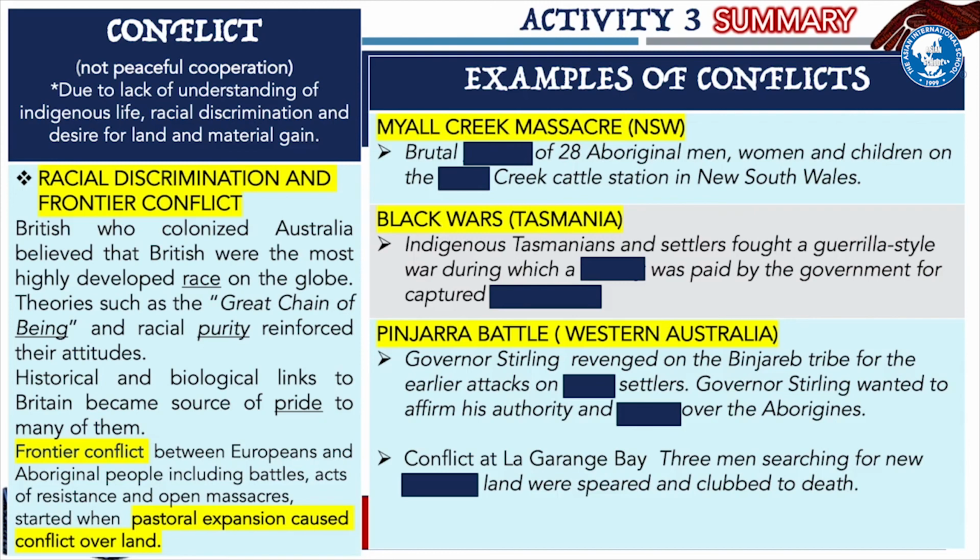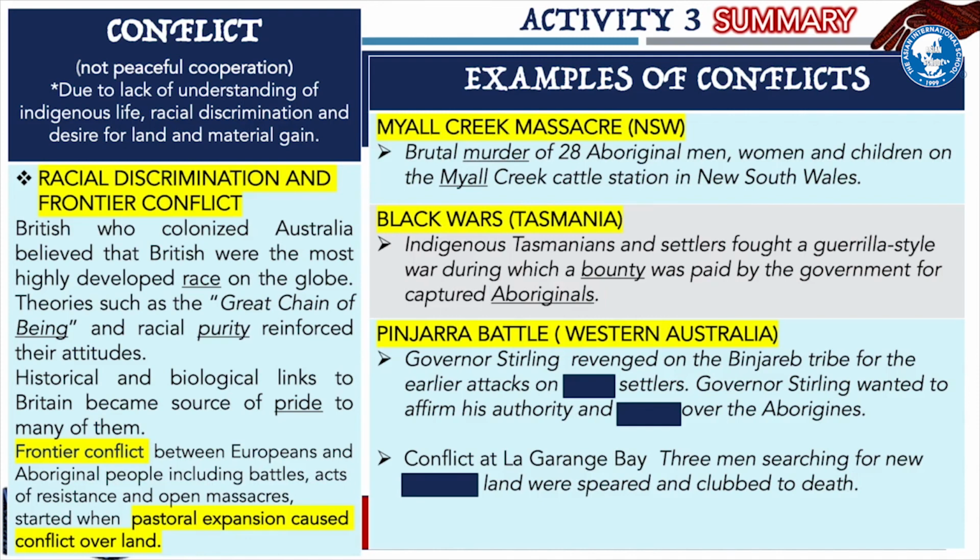This involved brutal murder of 28 Aboriginal men, women, and children on the Nile Creek Cattle Station in New South Wales. Black Wars in Tasmania. Indigenous Tasmanians and settlers fought a guerrilla-style war during which a bounty was paid by the government for captured Aboriginals.